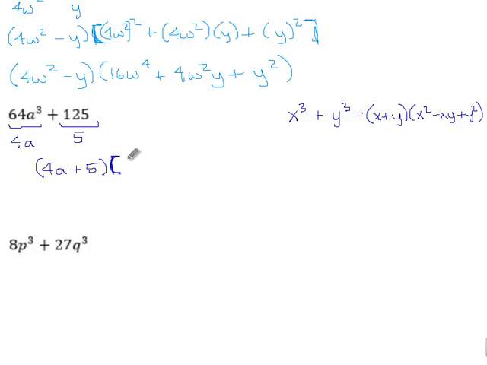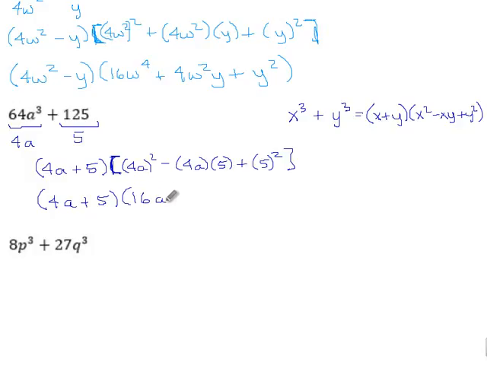Then we get first squared minus first times second plus second squared. Clean that up. 4a plus 5, 16a squared minus 20a plus 25.